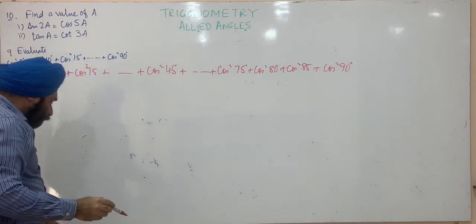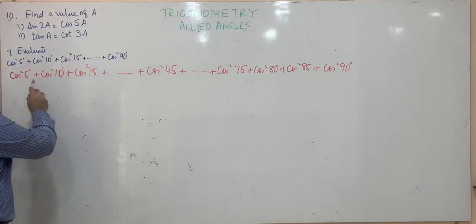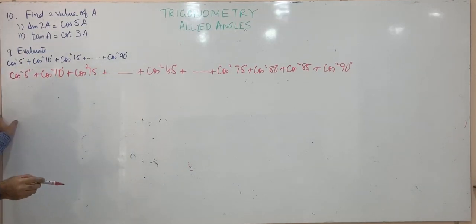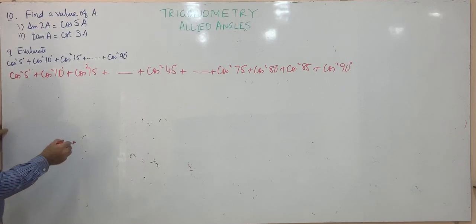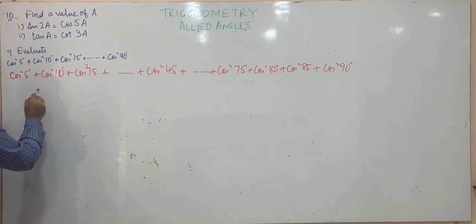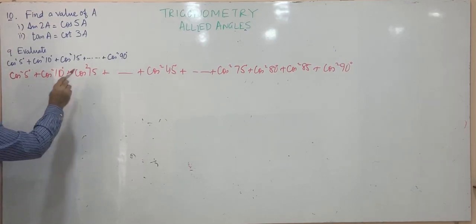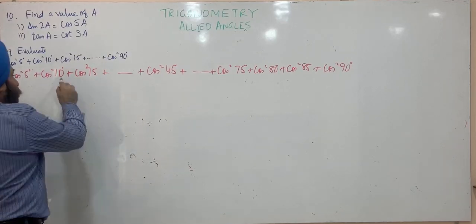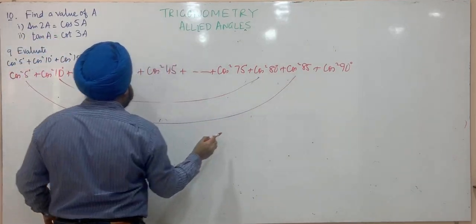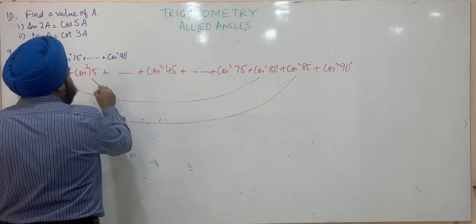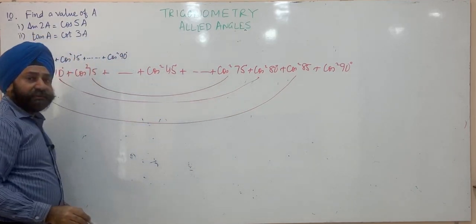We identify that 5 and 85, these are allied angles. Sum of 5 and 85 is 90 degrees, sum is a multiple of 90 degrees, therefore these are allied angles. Similarly, 10 degrees and 80 degrees, these are allied angles. Then 15 and 75, these are allied angles.